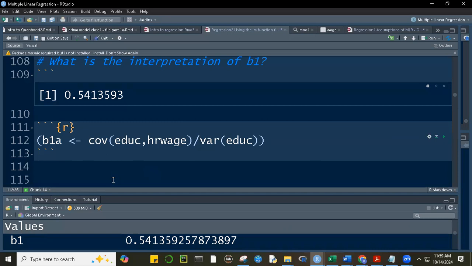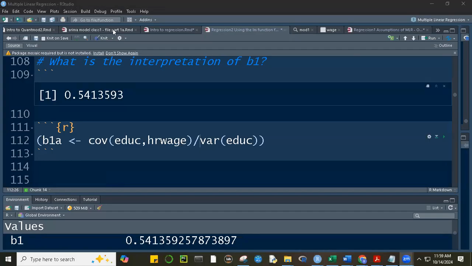I won't share that with you. Type nyo lang, maiksi lang naman yun. Okay, so what did you get, class? Same? That's good. So either use the formula, but we know that that formula is actually a simplification of this one. Pero ang tanong, bakit nawala yung n minus 1?